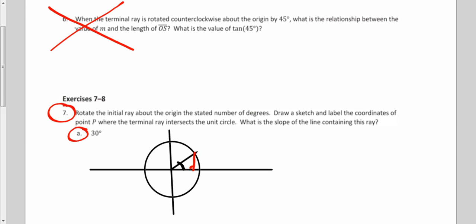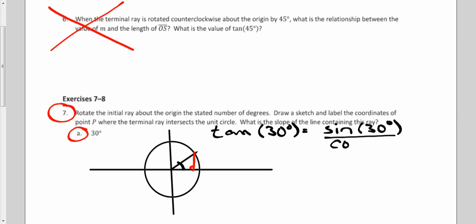Sine theta, cosine theta. Okay, so tangent, and our theta is 30 degrees here, right? Equals the sine of 30 degrees divided by the cosine of 30 degrees. Now I want to go back to triangle speak.